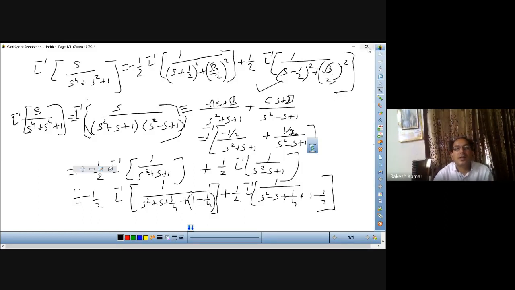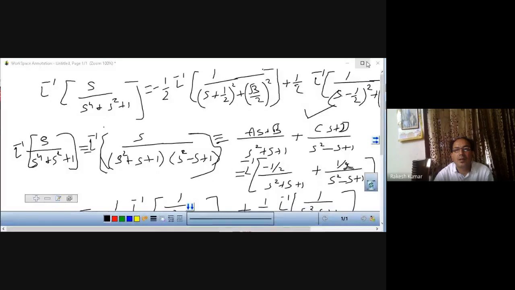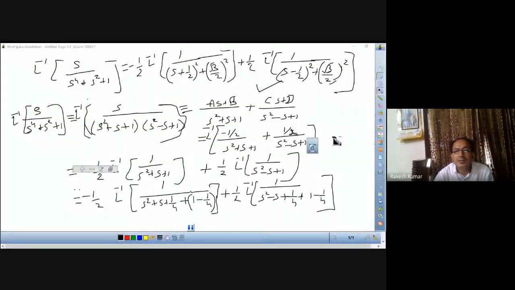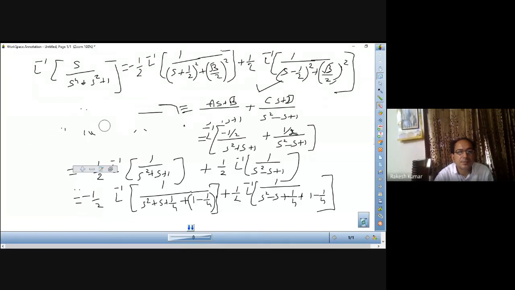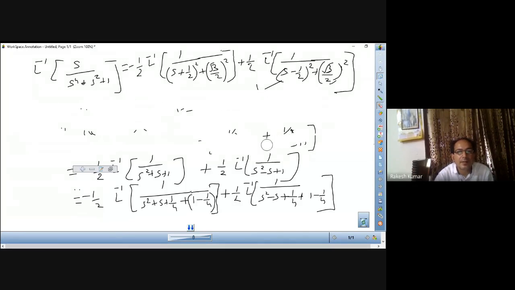Now we can apply the shifting formula also. Let us see. Let us arrange some of the portion for finding out the remaining solution.